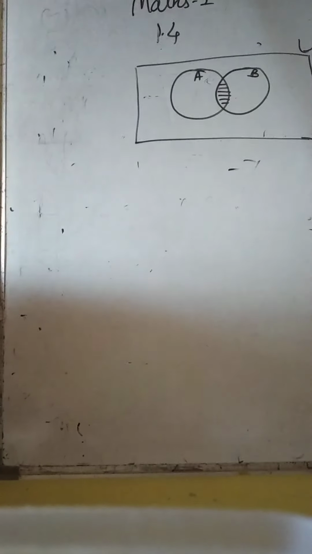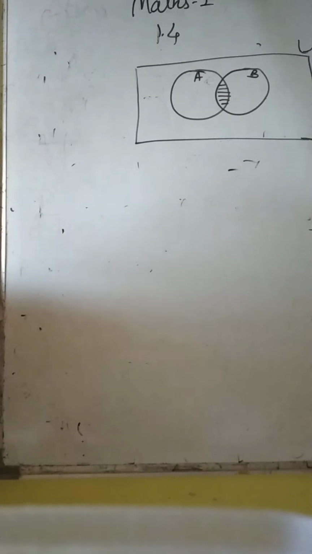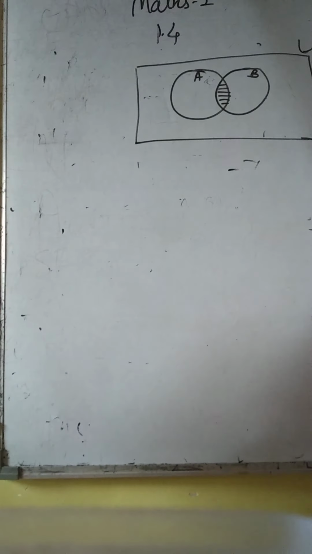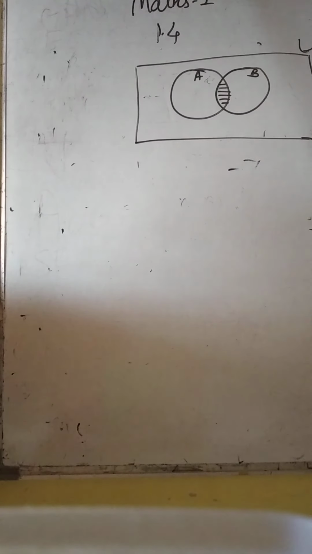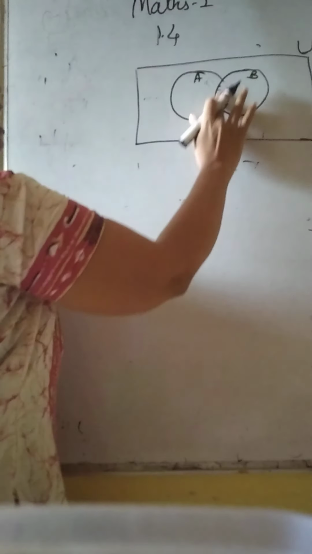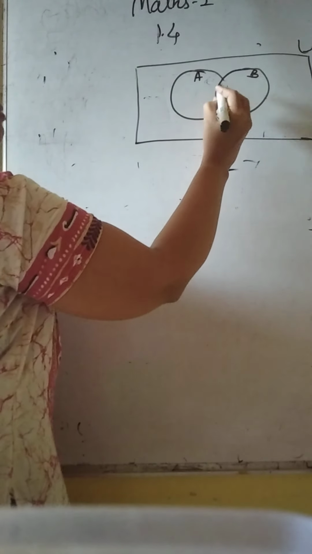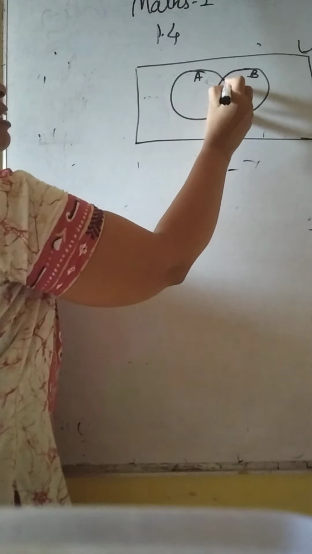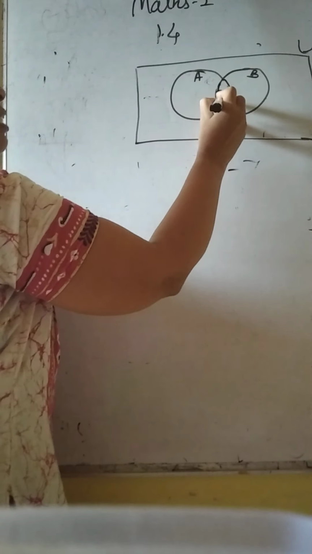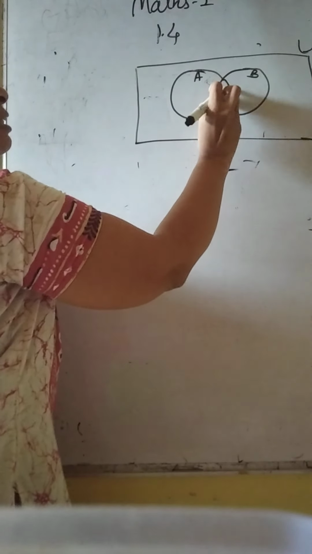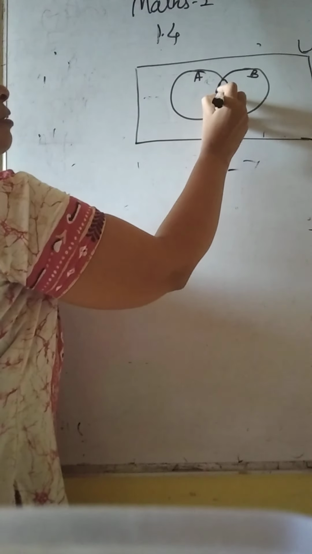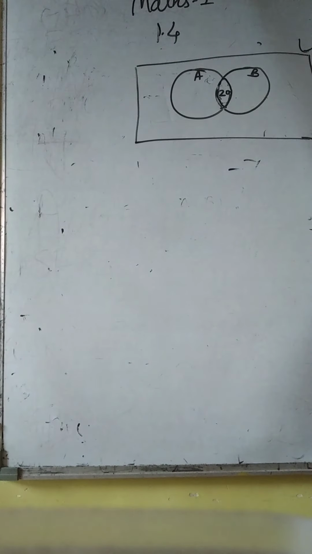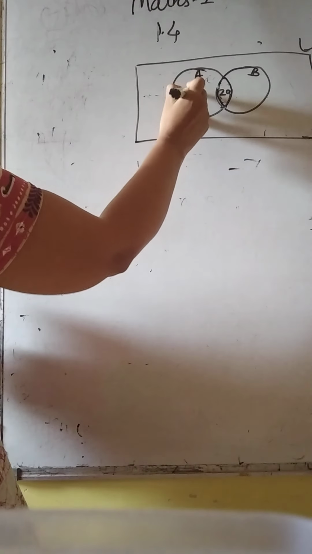We have to say intersection of two circles. What is that part called? Intersection of two circles. So children, there are 20. So I will write 20 in this. This is my set A intersection B. Right? अभी यहाँ थोड़ा सा confusion है children. मैं यहाँ पे 60 लिखूँ क्या?